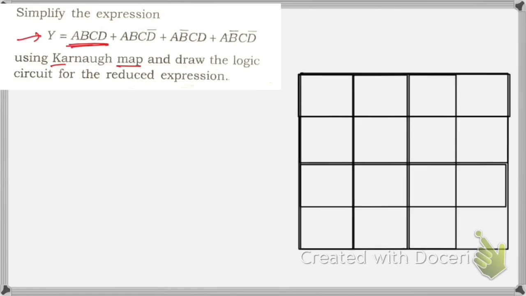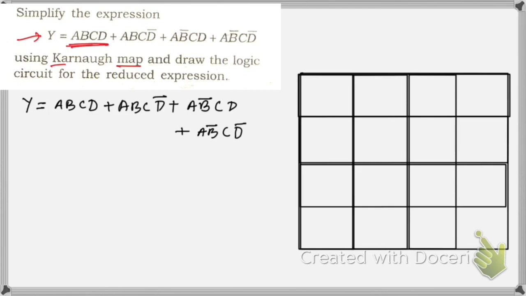First let me write the given expression. This is the expression we are to simplify, right? Okay, so here as we have 4 variables, we have taken 16 blocks, 4 columns, 4 rows.